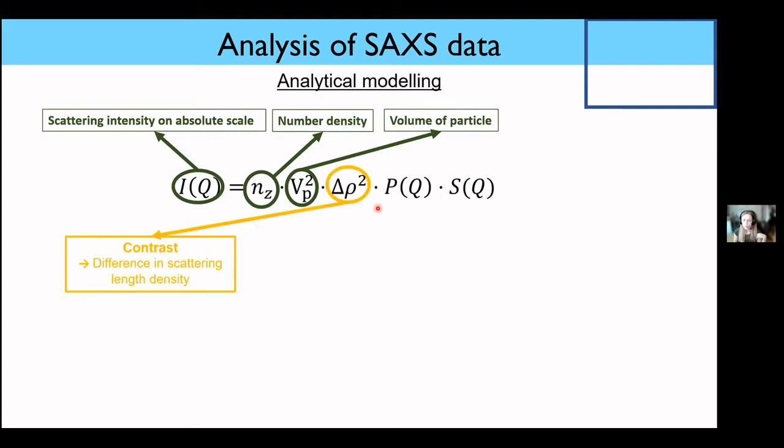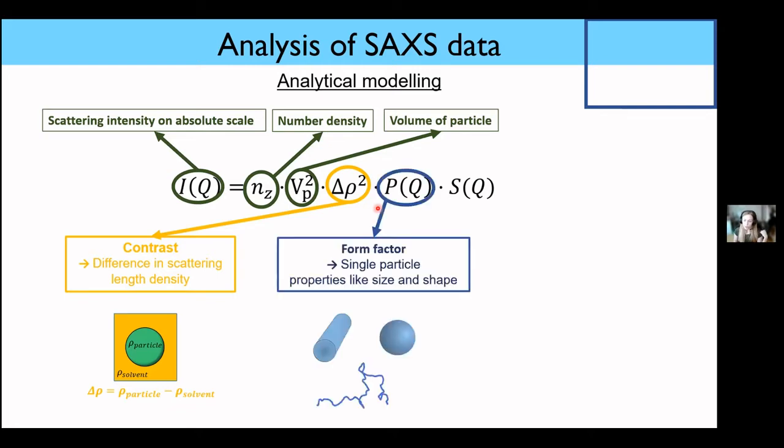Then we have what is called the contrast of the sample, which is the difference in the scattering length density. In the case of X-rays, this will be the difference in the electron density of your material to the solvent or to whatever environment it is in.